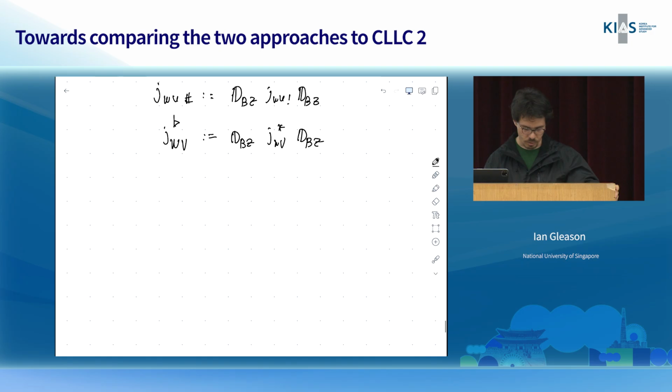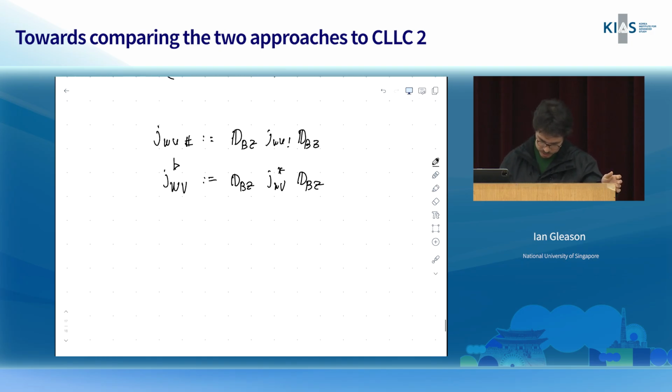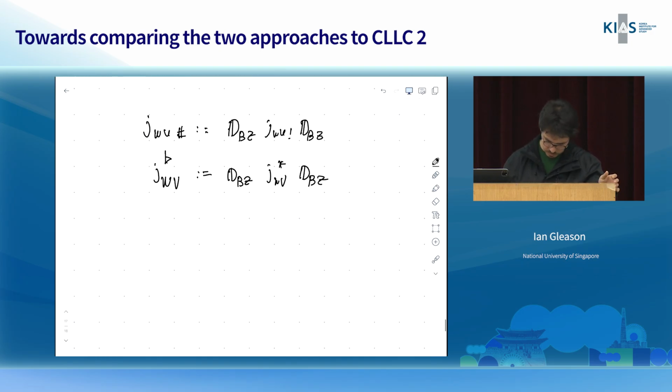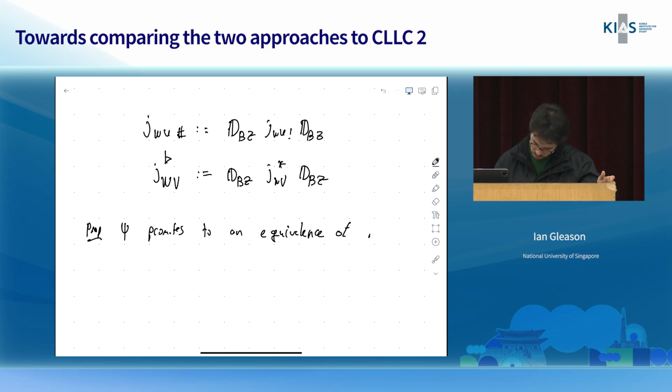Okay, so now that I have introduced some of this notation, I can write a proposition. So this functor promotes to an equivalence of functors.